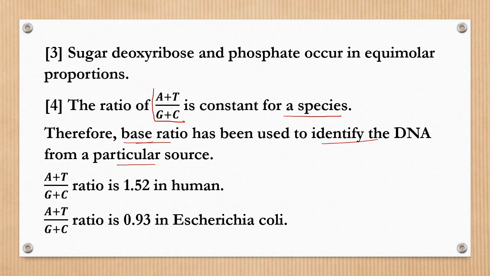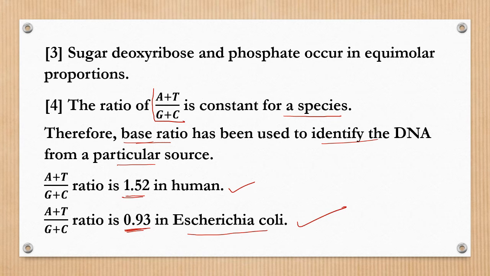For example, the base ratio of adenine-thymine to guanine-cytosine is 1.52 in humans. It is constant in all human beings. Similarly, the ratio is 0.93 in Escherichia coli bacteria. That means in this species it is constant.